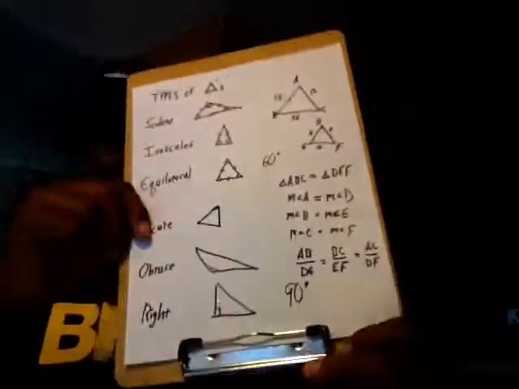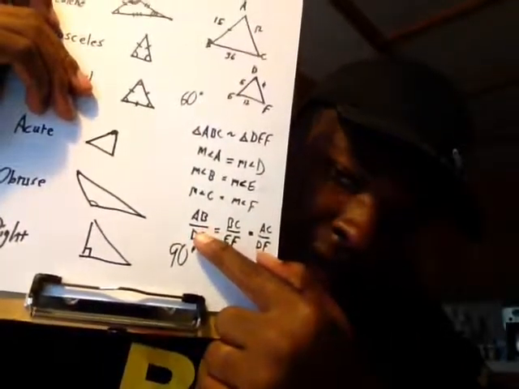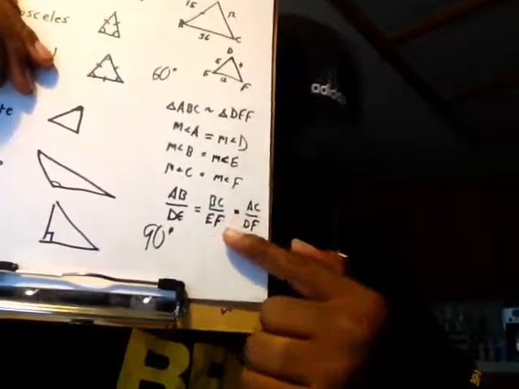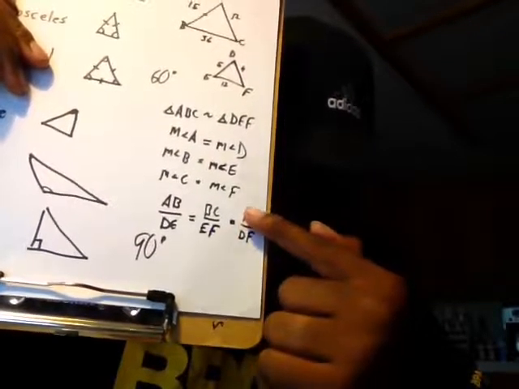AB divided by DE is the exact same as BC divided by EF and AC divided by DF. You will get the exact same thing, and that number that you get, whether you put the smaller number on the top and the bigger number on the bottom, or the bigger number on the top and the smaller number on the bottom, is called your scale factor.